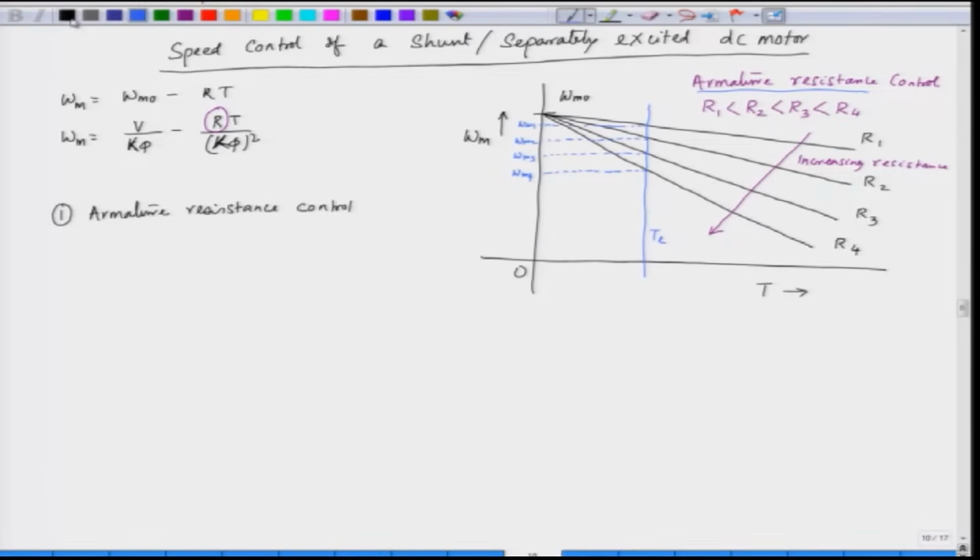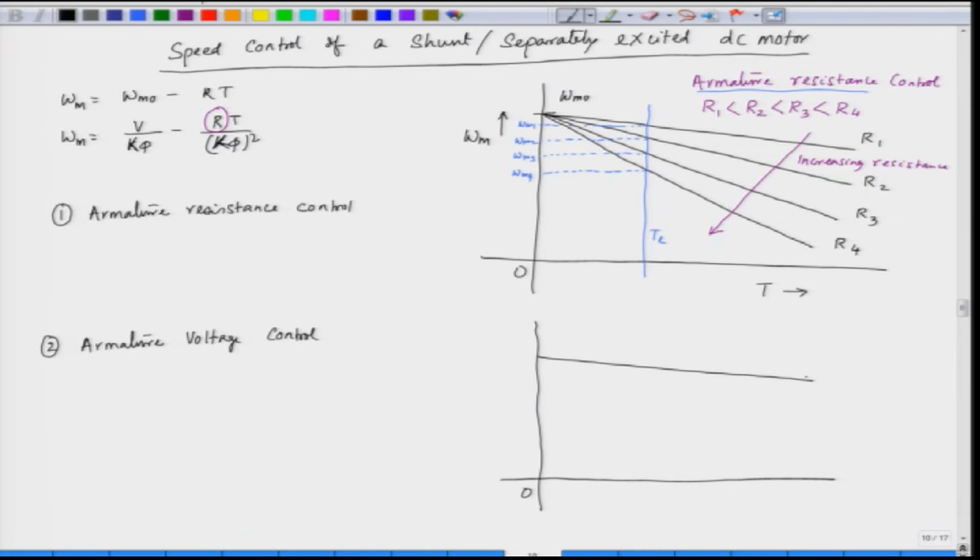The second method of speed control is armature voltage control. In armature voltage control, we change the armature voltage.